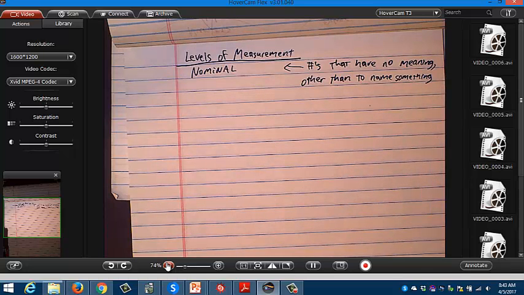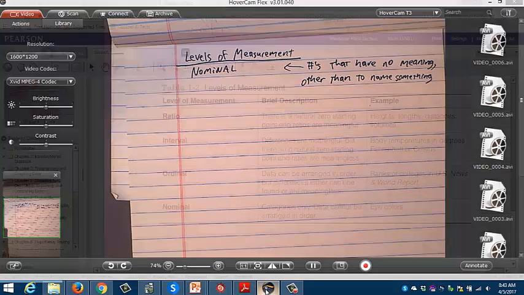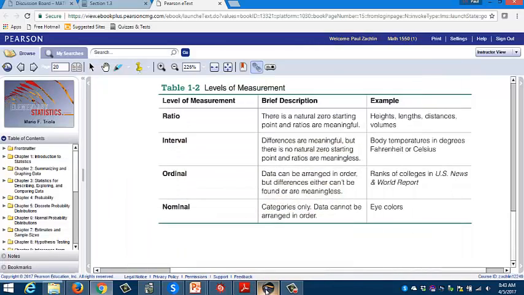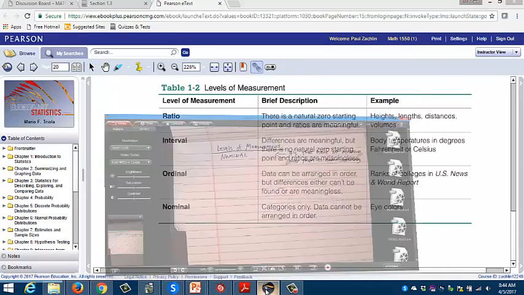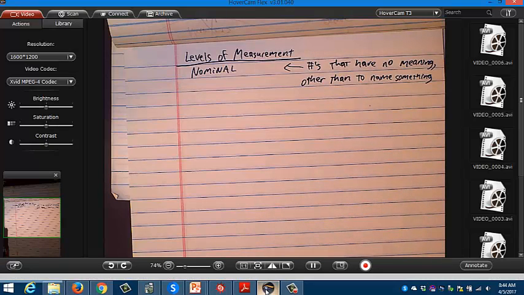So, the example the book gives in their little chart at the bottom here is eye colors. So, nominal, they say eye colors.